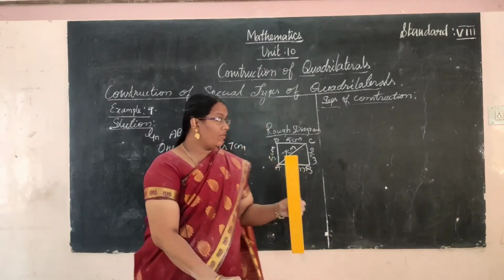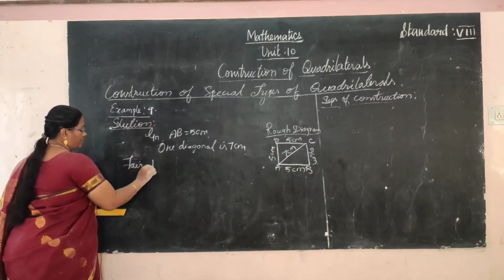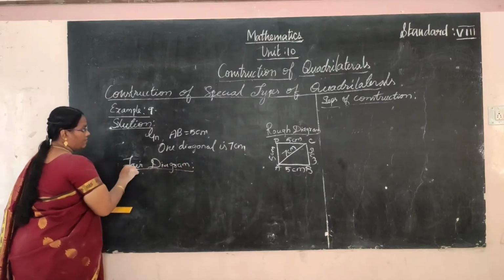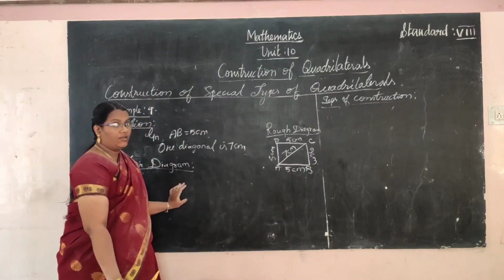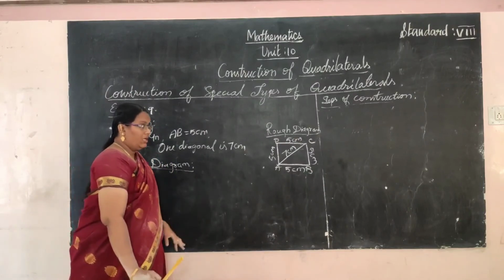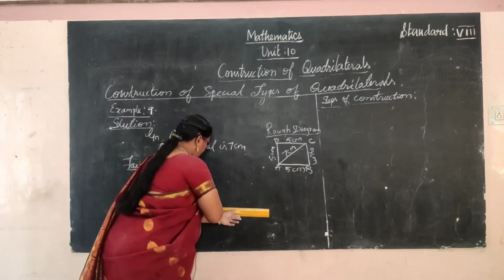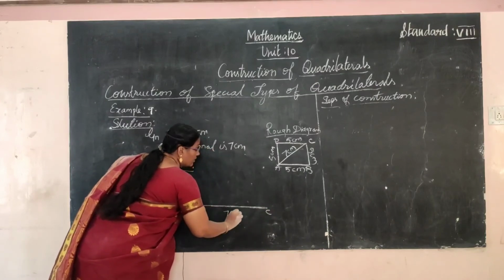Now draw the rough diagram. When the diagonal is given, you should draw it first. So draw the diagonal AC 7 centimeter.